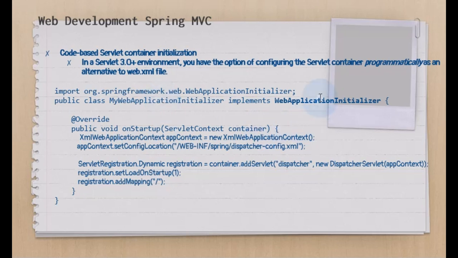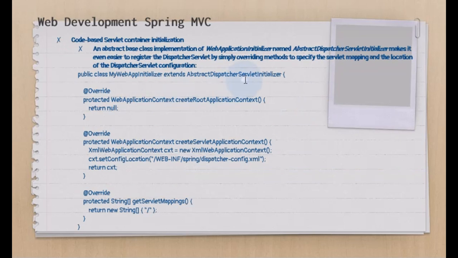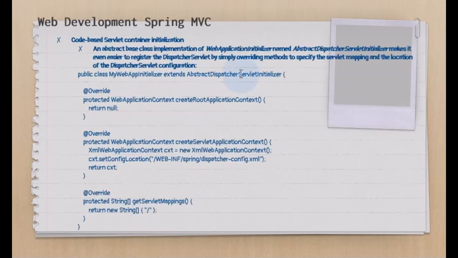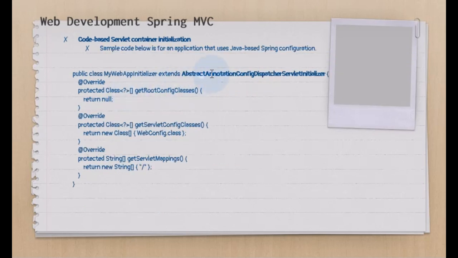Okay, we initially started with an interface, then we came to another implementation of the interface given by Spring MVC, and there also we were using XML for bean definitions. And the last thing that we saw, instead of extending from the AbstractDispatcherServletInitializer, we are extending from the AbstractAnnotationConfigDispatcherServletInitializer.